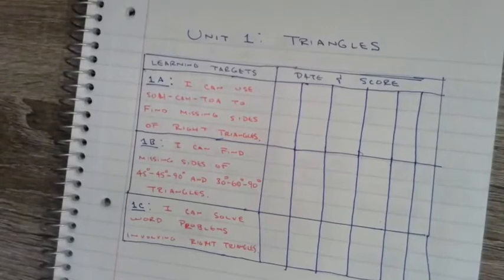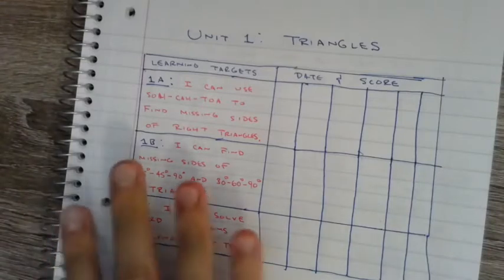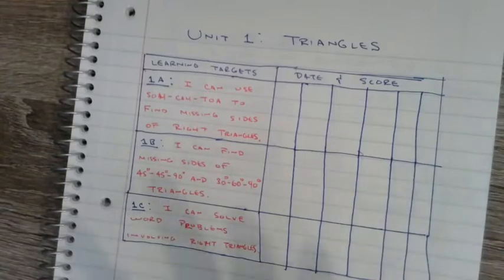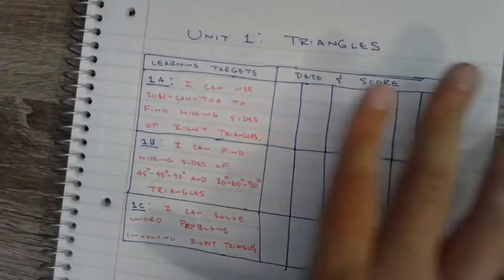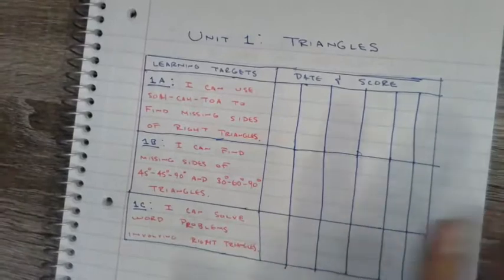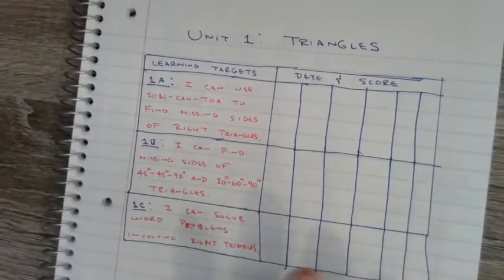I have provided the rubric for the learning targets on Schoology. If you would like to print it out, you're more than welcome to paste it on here. But for the sake of time, I'm going to have you do that on your own time. Just provide one page to post up your learning targets, and then we'll go from there. We're going to get started and go on to our first lesson.